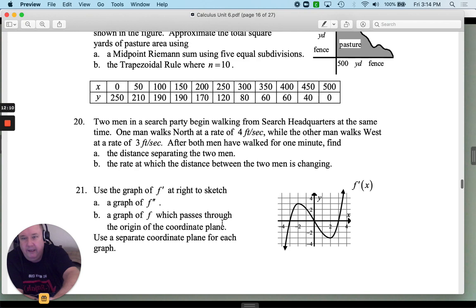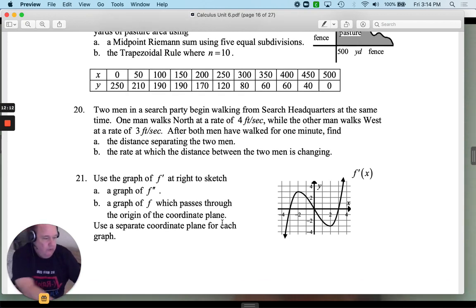Number 20 and 21. So number 20, two men in a search party begin walking from search headquarters at the same time. One man walks north, and they're walking north at 4 feet per second.